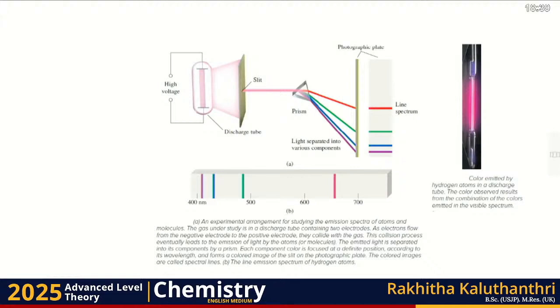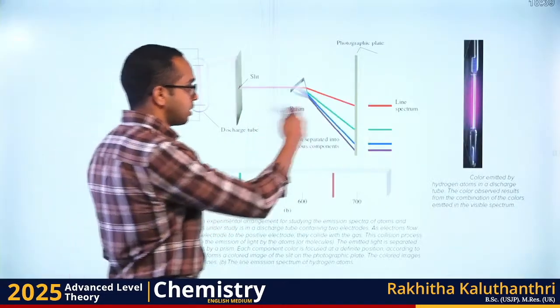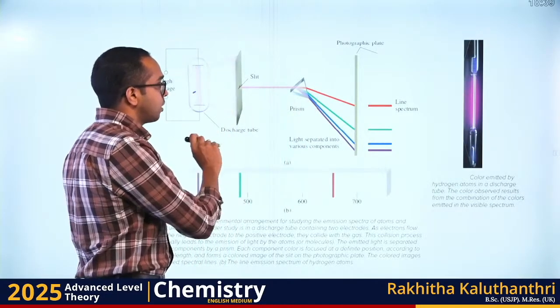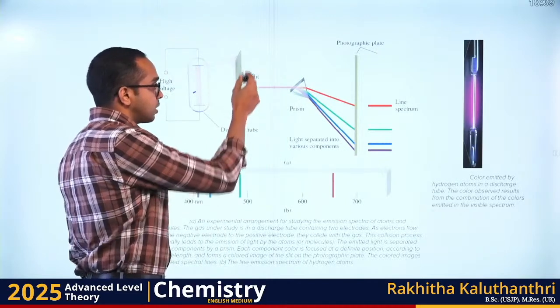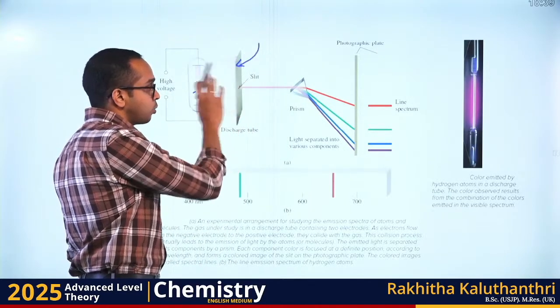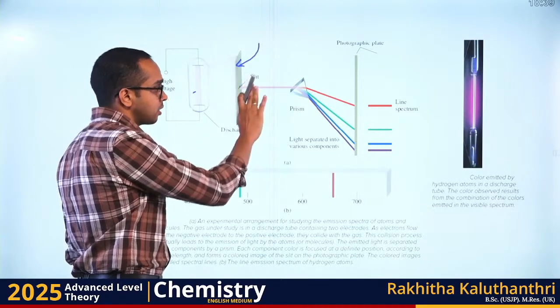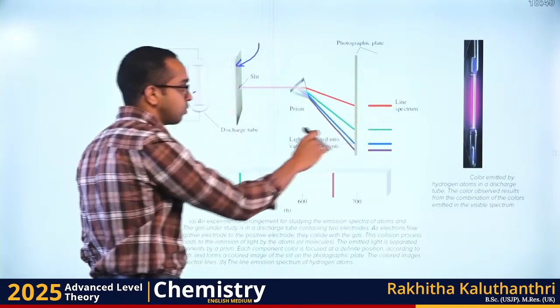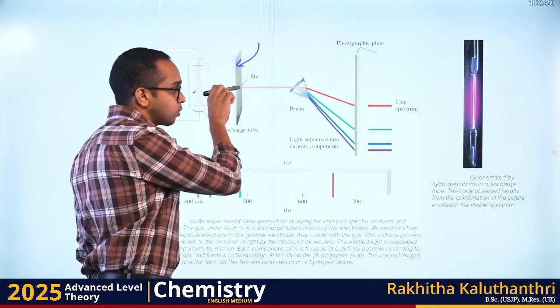So if you send the light that is produced, now observe here, through a small slit, basically this particular opaque object is there to stop all the other radiation or all of the light coming all throughout this region, because we want to only take a small beam of light.